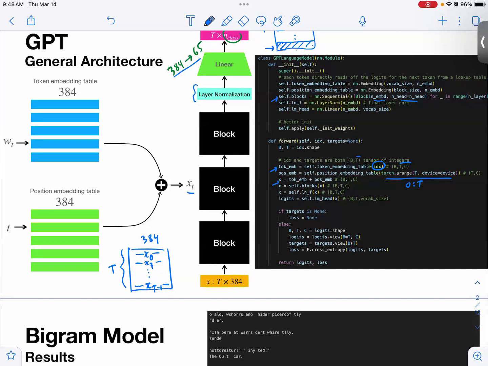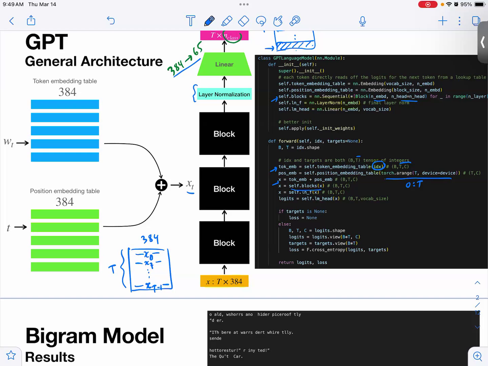And then, if you remember the sequential, blocks would be a sequential object. When I apply it to X, it just sequentially applies it. It's just a composition of those functions.